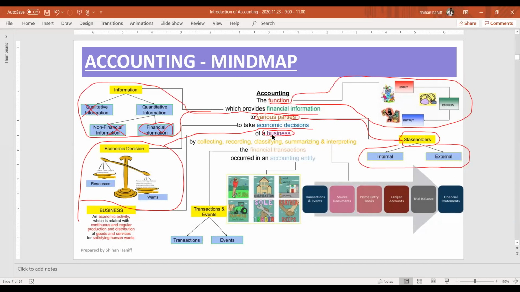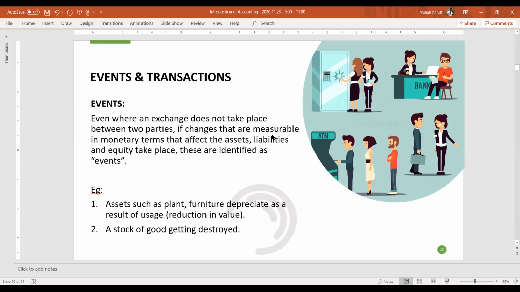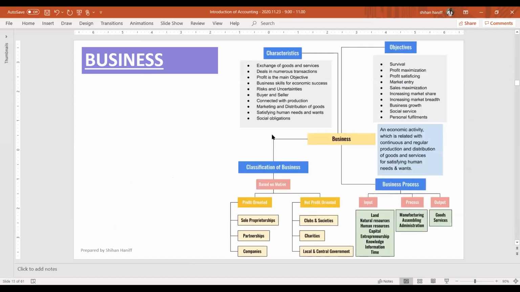So we need to know what a business is. Business means any economic activity which is related with continuous, regular production and distribution of goods and services for satisfying human wants.